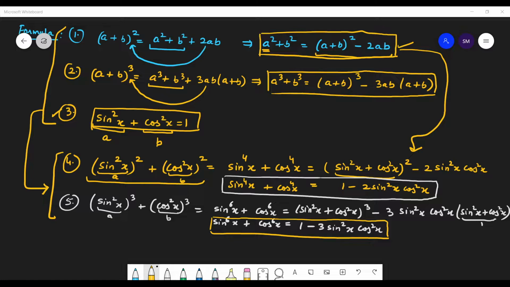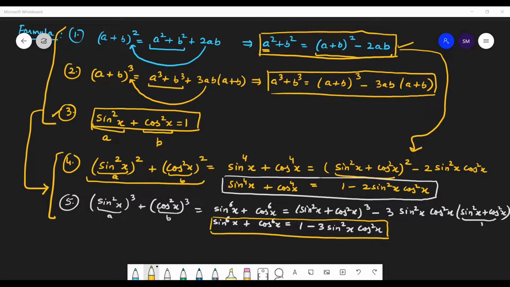So this will be sine square x plus cos square x. So a square plus b square, right? So sine square x, this is the formula that you are using here, plus 2ab. Very good.